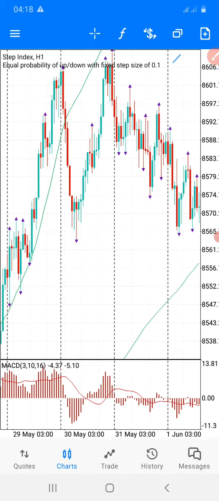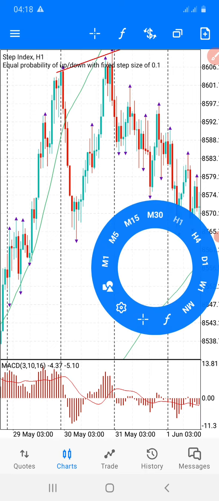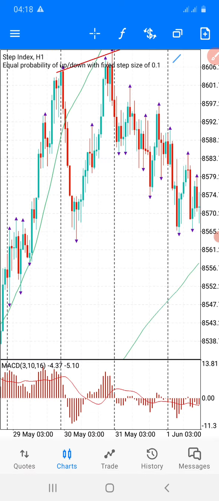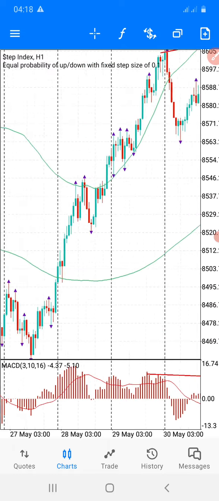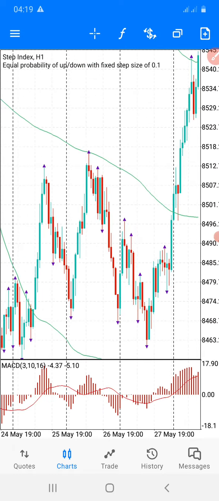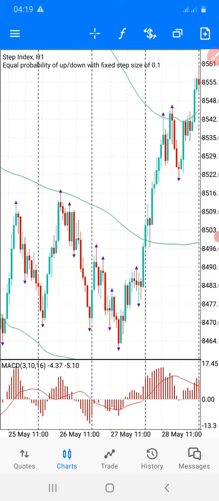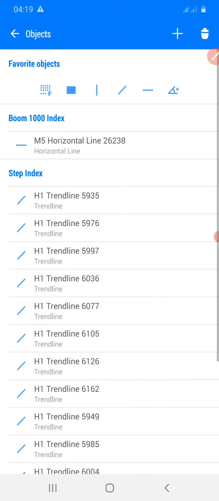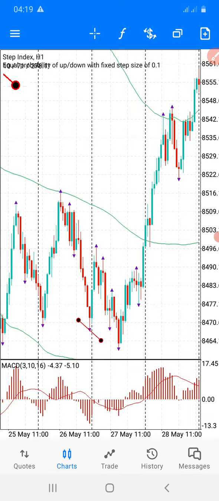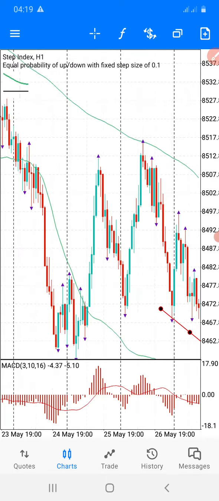Here's another one. We have this, that is a higher high. And then this is making a lower high. There is another one. We are having this lower low here.